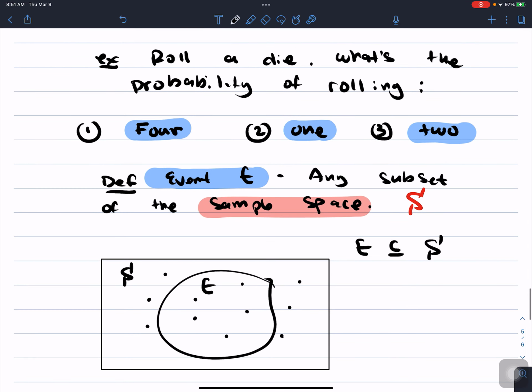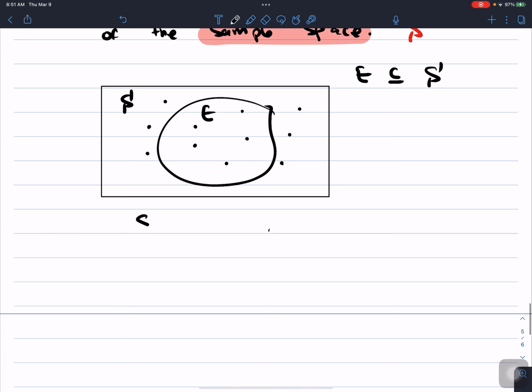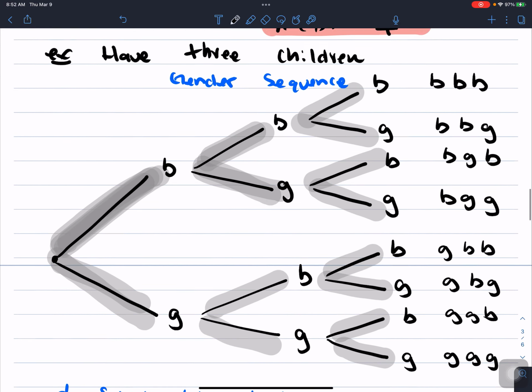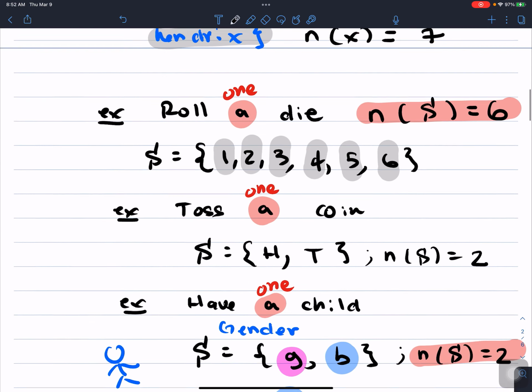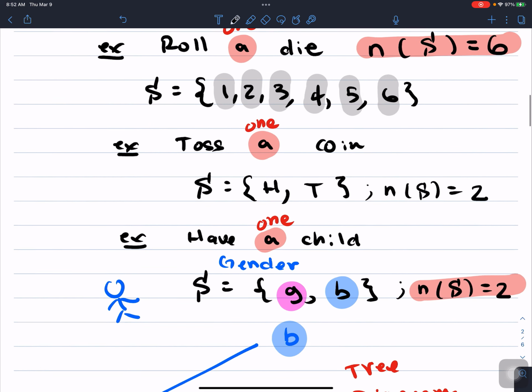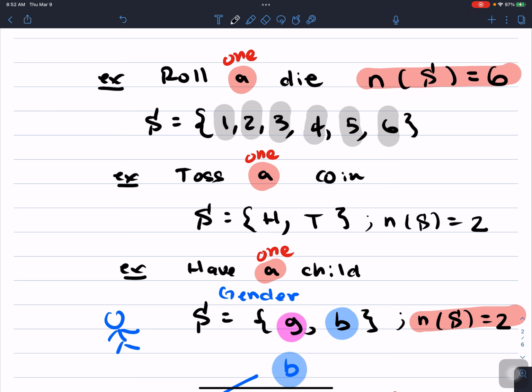So for your experiment of rolling a die, do you guys remember? What's your sample space when you roll a die? What is S? You roll a die, what's S going to be? You need your sample space. Rolling a die, it's in your notes. Did we take any notes on that? Yes, we did. What's the sample space? It's a list of all possible outcomes, okay?